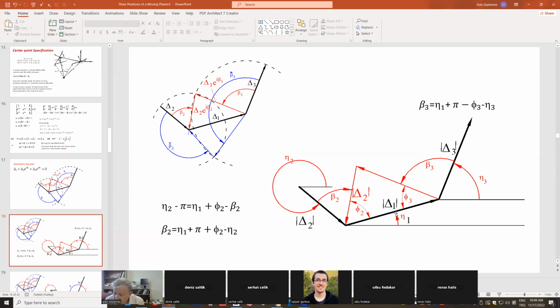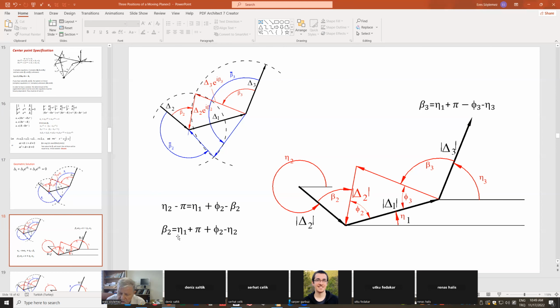Eta 1 plus phi 2 minus beta 2 is the direction opposite to this vector delta 2. Let me repeat. Eta 1 plus phi 2 minus beta 2 shows this direction. That direction is equal to eta 2 minus pi. Correct? Eta 2 minus pi is equal to eta 1 plus phi 2 minus beta 2.